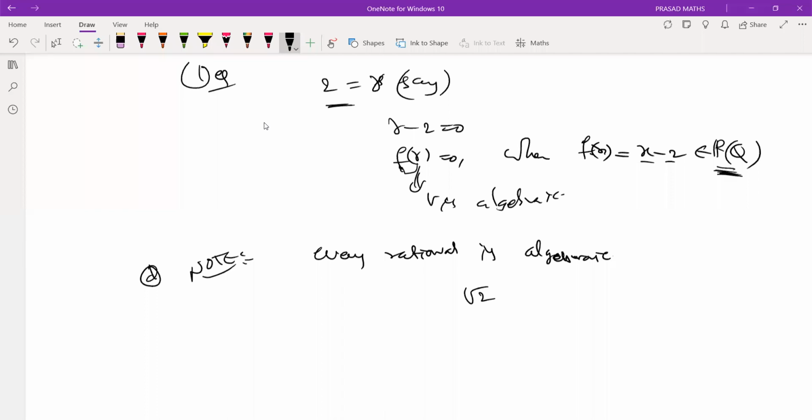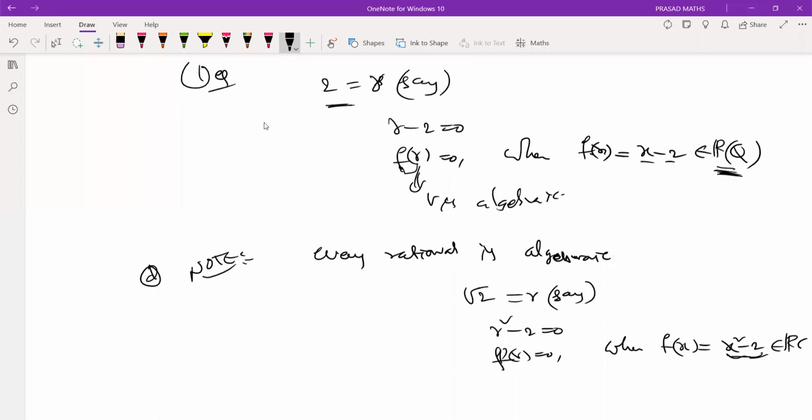For example, take root 2. Is it algebraic? Suppose it is r. So r squared minus 2 equals 0. So f of r equals 0 where f of x equals x squared minus 2. It's a polynomial over Q, right?